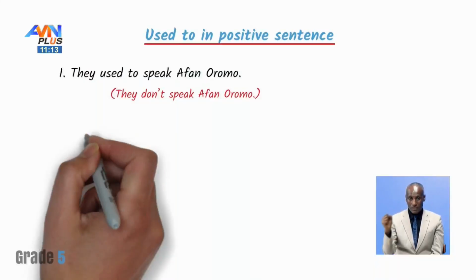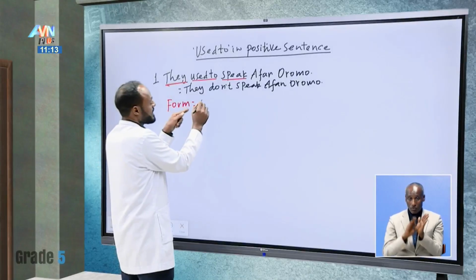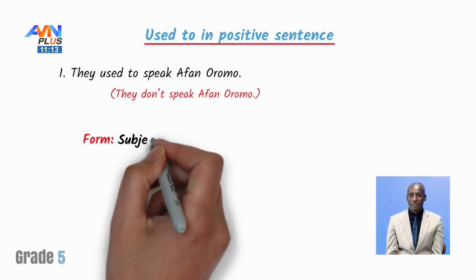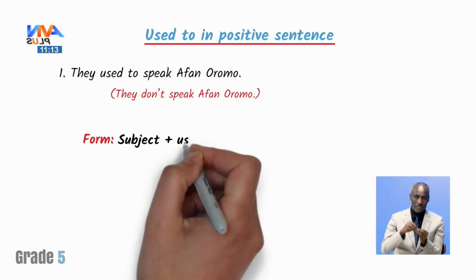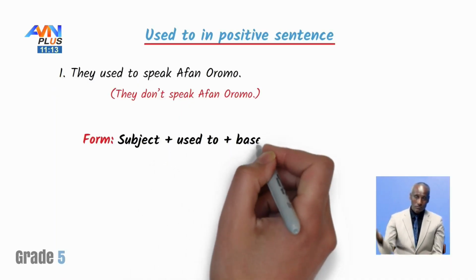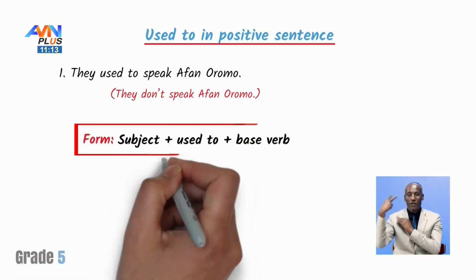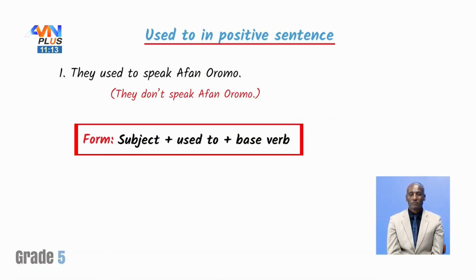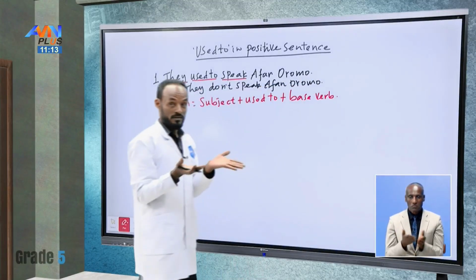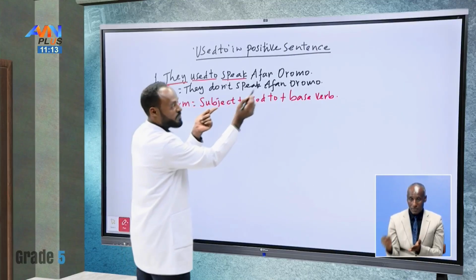So its form can be: subject plus used to plus base verb. Bear in mind, if necessary, we can add different complements. So the form is subject, used to plus base verb.